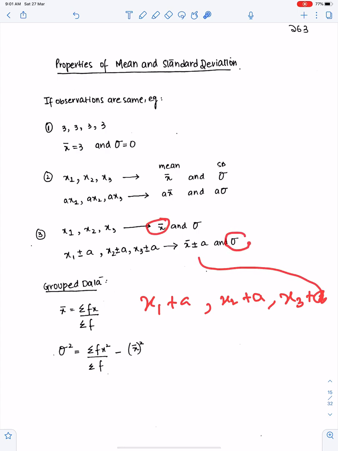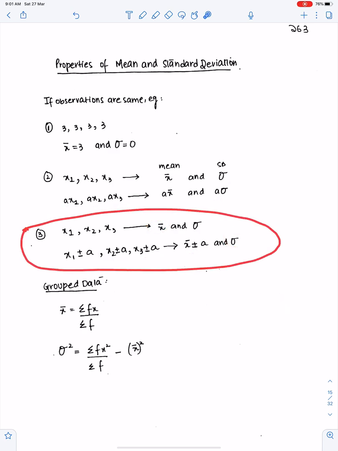But the standard deviation will remain unchanged, because the standard deviation will only be changed when you multiply each and every observation by a non-zero constant. When you add or subtract a non-zero constant to each and every observation, the standard deviation will remain unchanged, but the mean will always be changed. So this is property number 3.